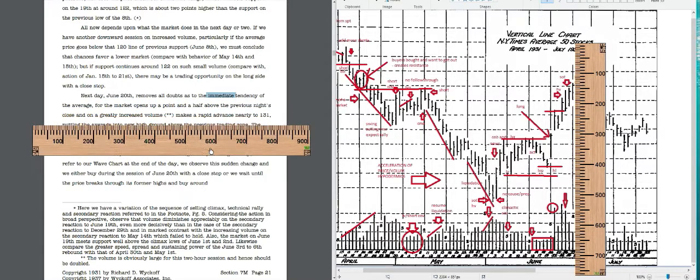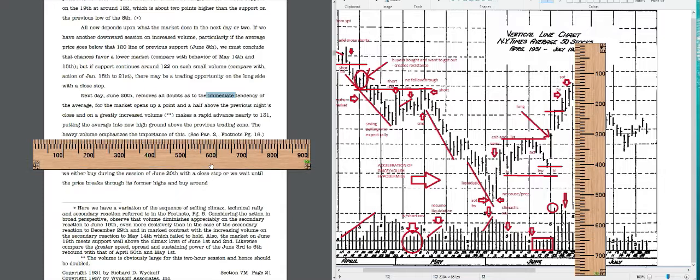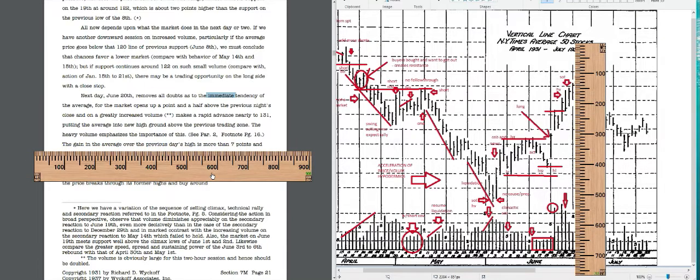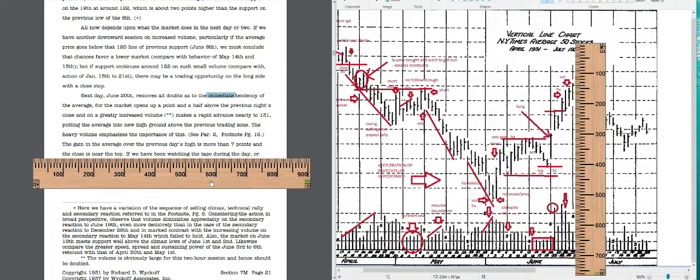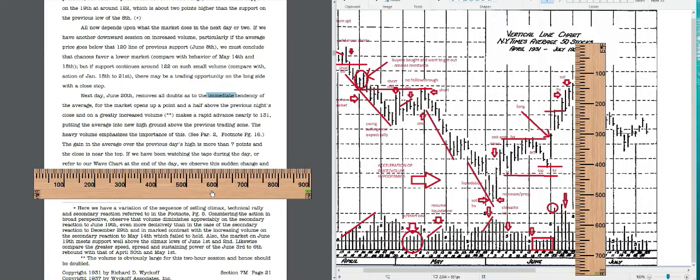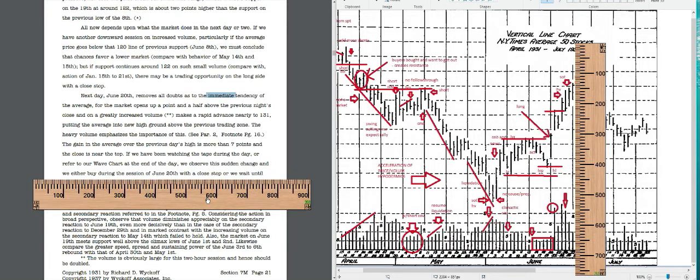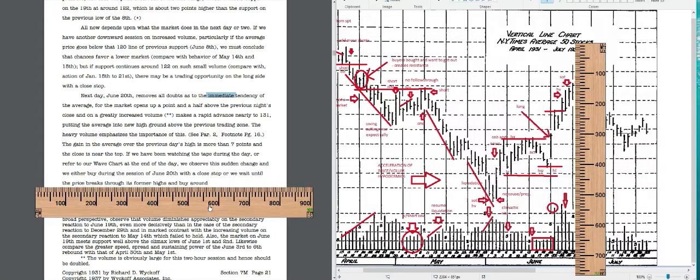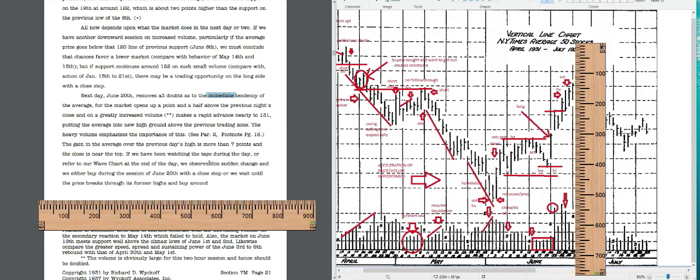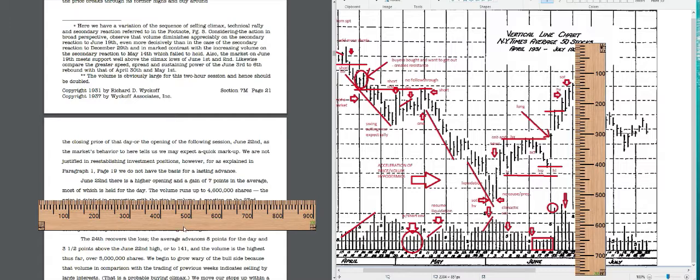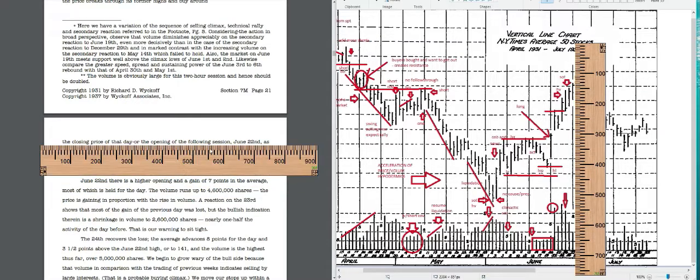Market opens up 1.5, etc., etc. The gain in the average over the previous day's high is more than 7 points, and it closes at the top. If we want to be watching the tape during the day or refer to our wave chart at the end of the day, we observe this sudden change and we either buy during the session or wait until the price breaks through its former high and buy around the close of the day or the opening of the following session.